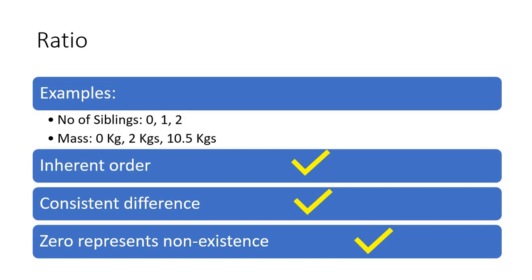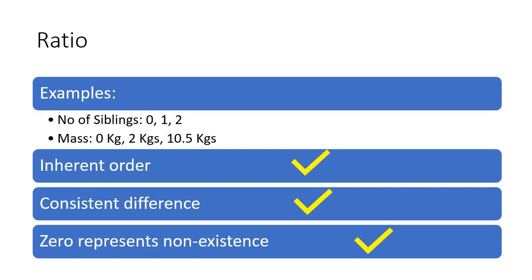You can tell 1 is greater than 0 and 2 is greater than 1. And the difference is consistent. And the value of 0 represents that the quantity or that variable is 0, in the sense that it has no existence.